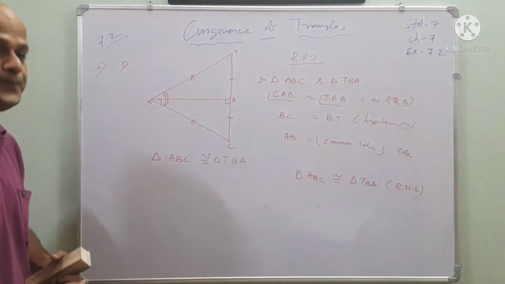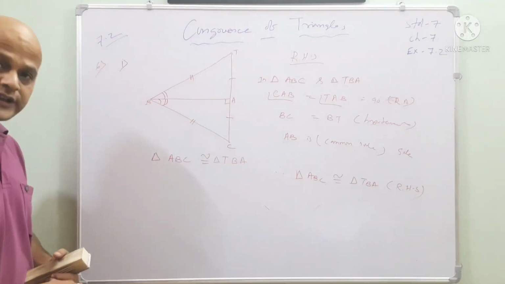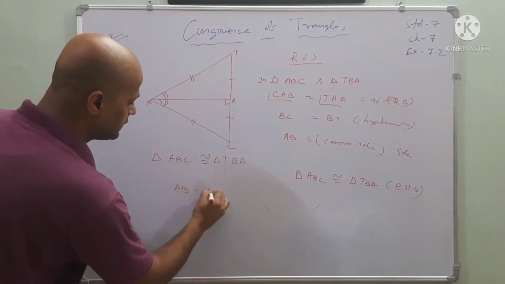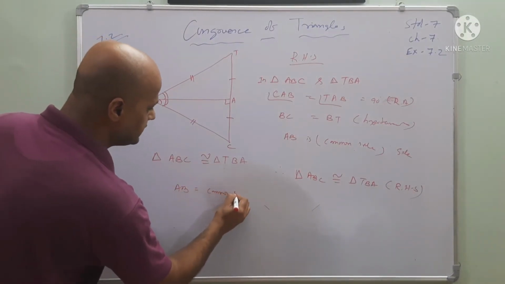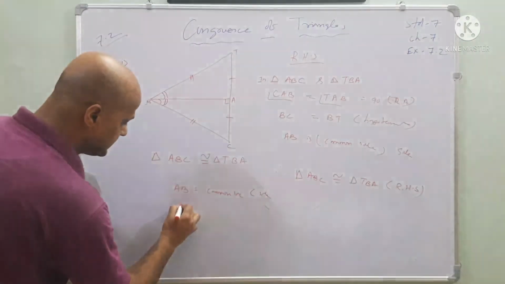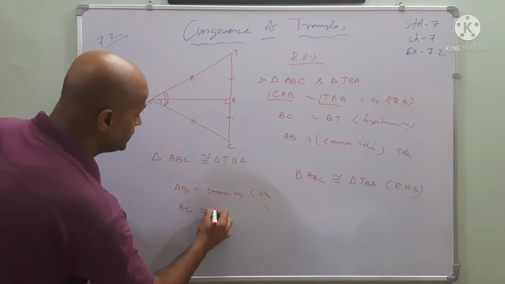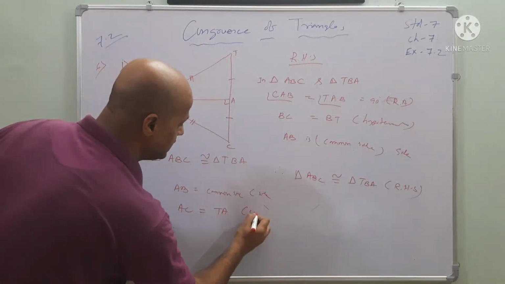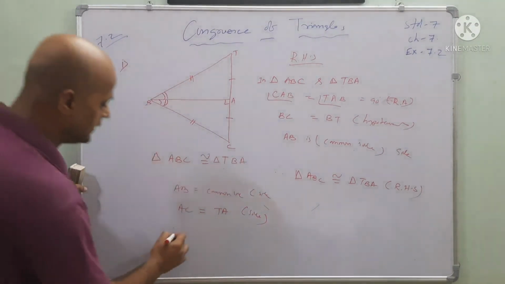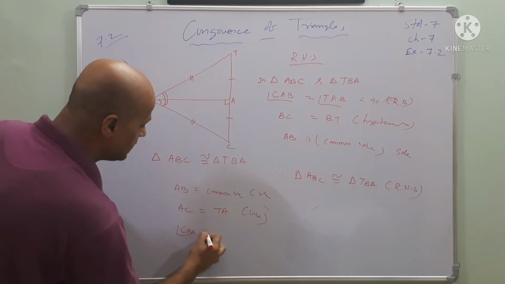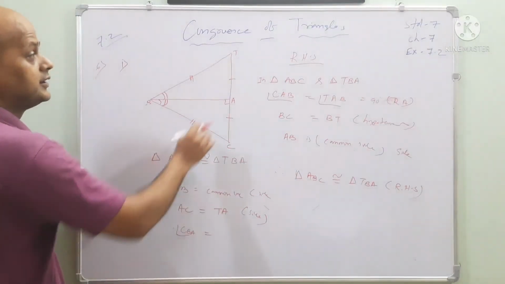Now, anything else came to your mind? The two sides we know. Here it is given that AB is common side. Again, another side is there. Yes, AC is equal to TA. Yes or no? This is also a side. One angle is there. Which one? Angle B, in both the cases, CBA angle is congruent to which one?